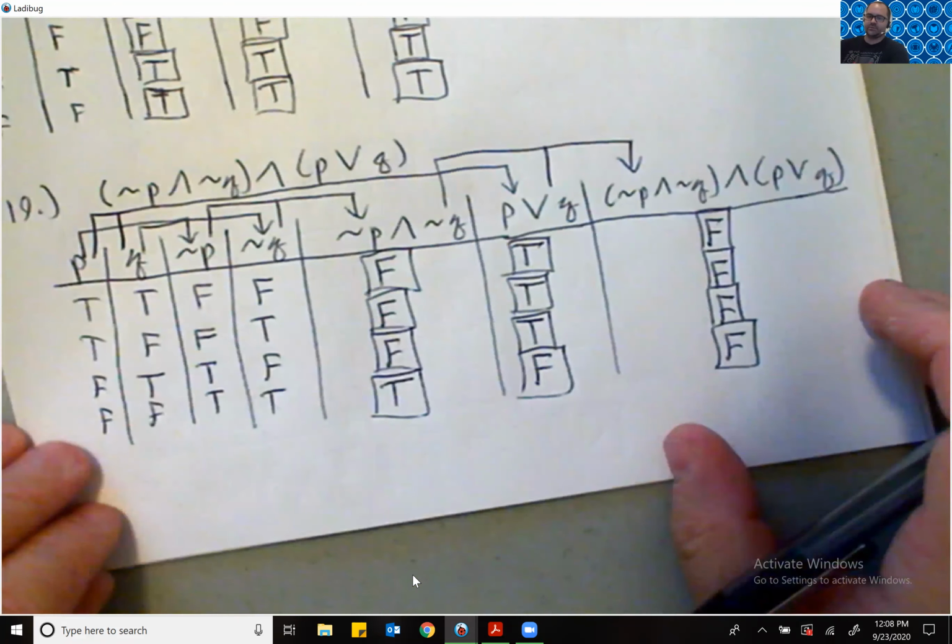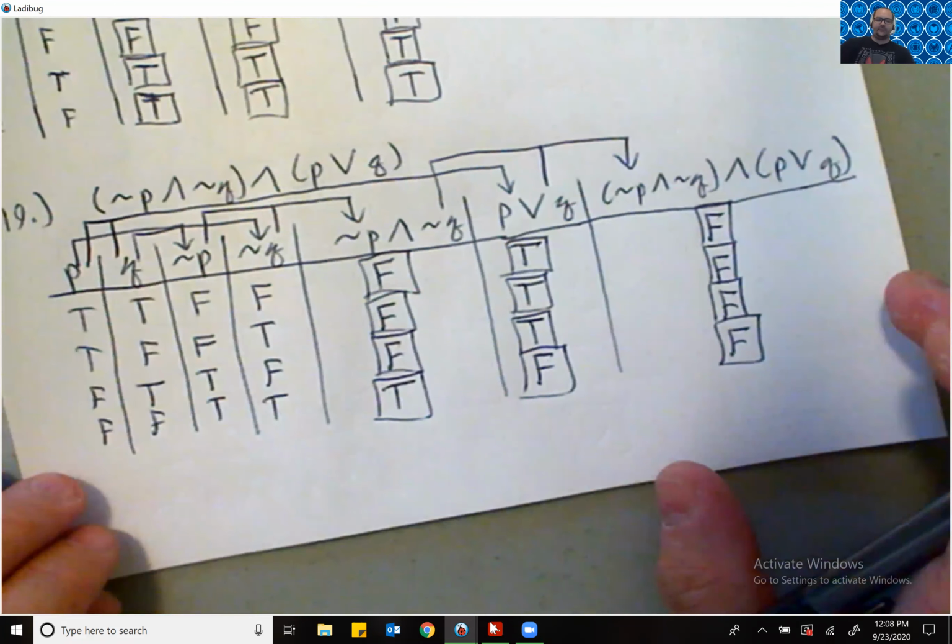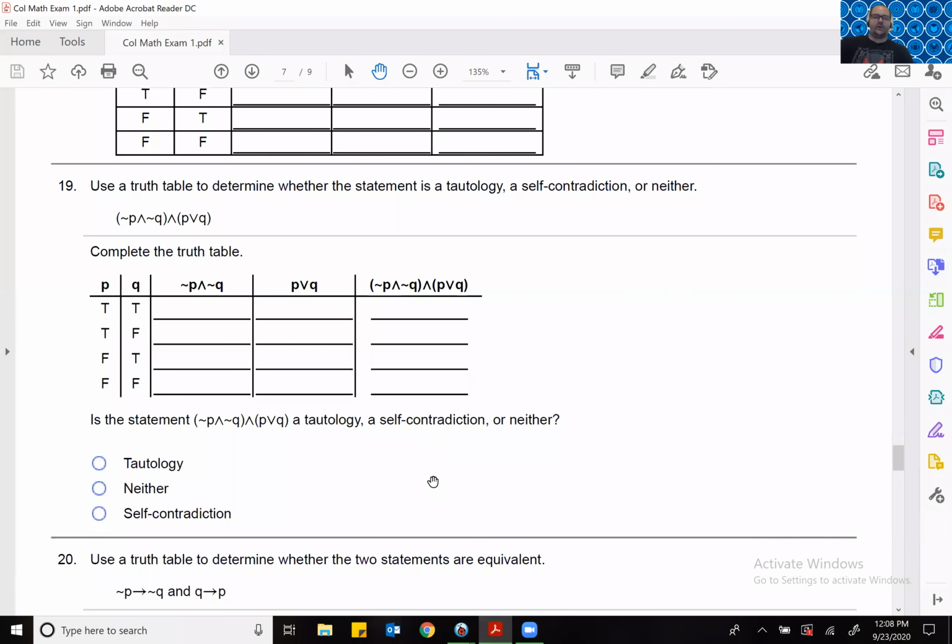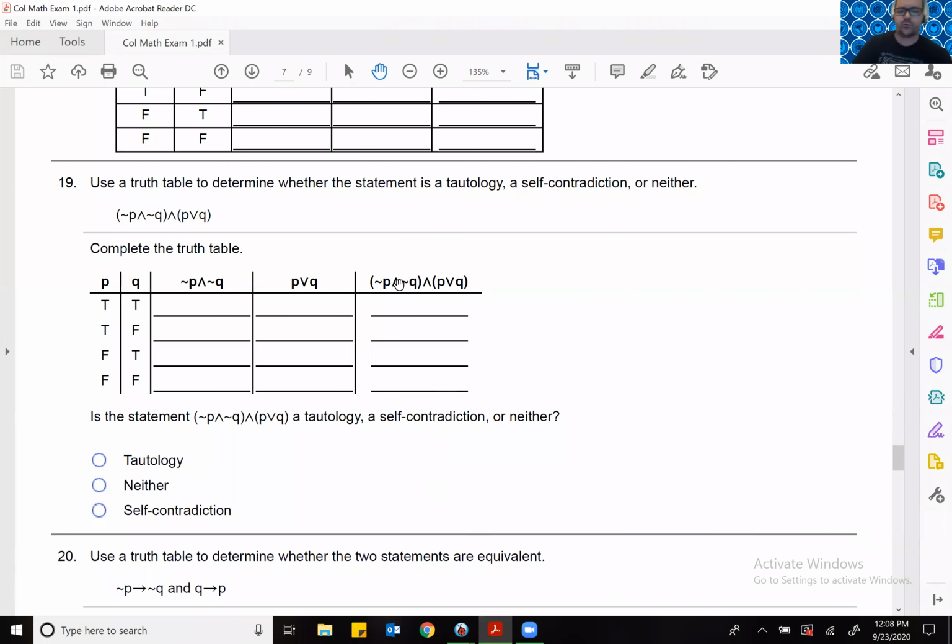That's your first part. And now they got a follow-up question where it says, based on our outcomes, is this a tautology, a self-contradiction, or neither? What's a tautology mean? I don't quite remember. Well, what do you think it means? What do you think has to happen in the very end?